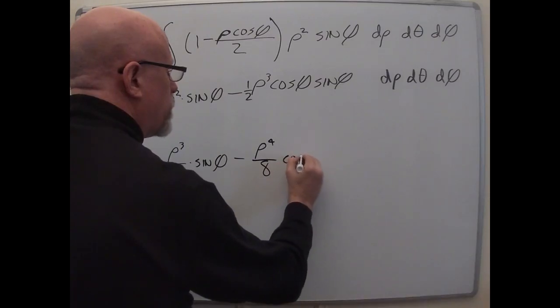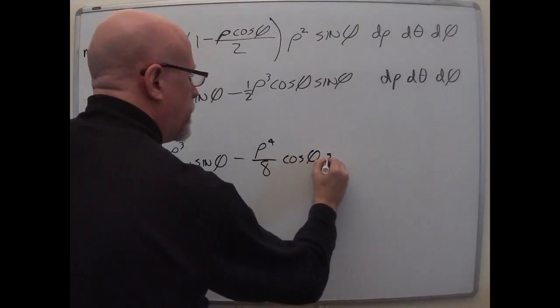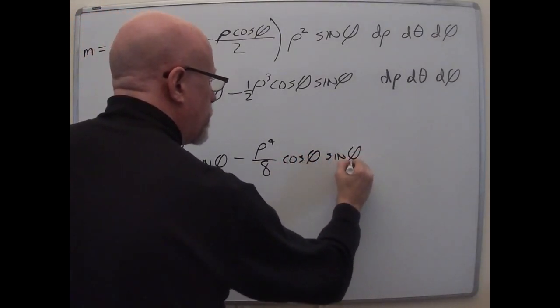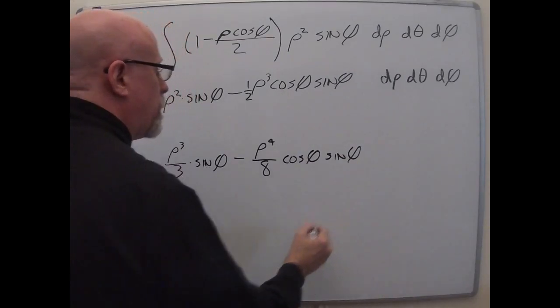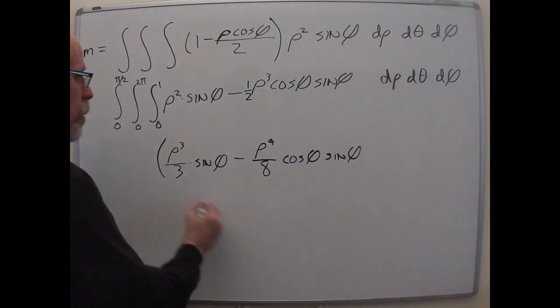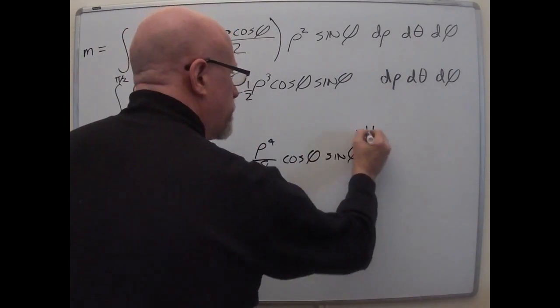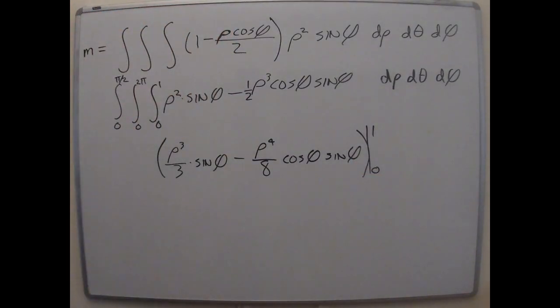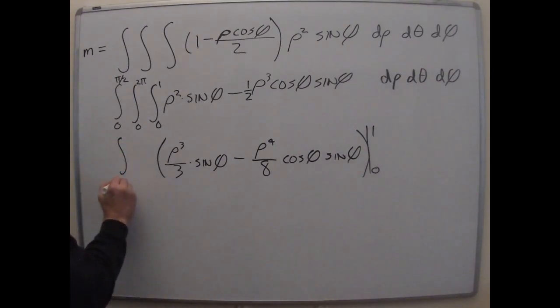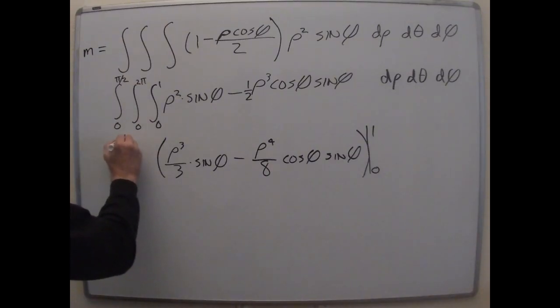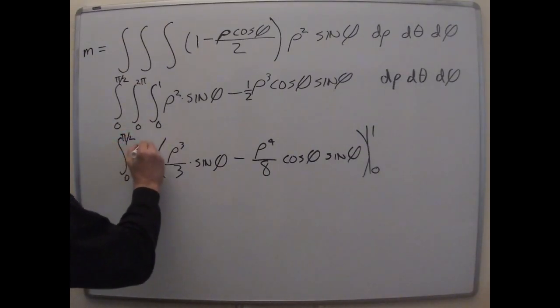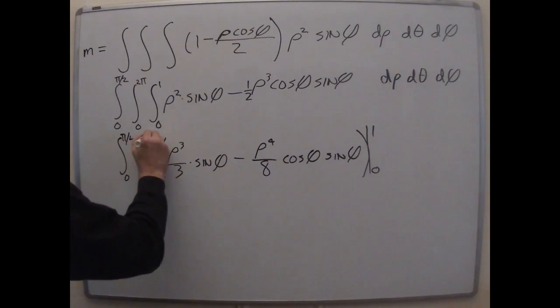And then the other things, cos phi and sine phi, again, they're just constants as far as rho is concerned, so they come along for the ride. That whole thing, evaluated from rho equals 0 to 1, is the inner integral. And we still have 2 more integrals to go: 0 to pi over 2 for the phi, and 0 to 2 pi for the theta.